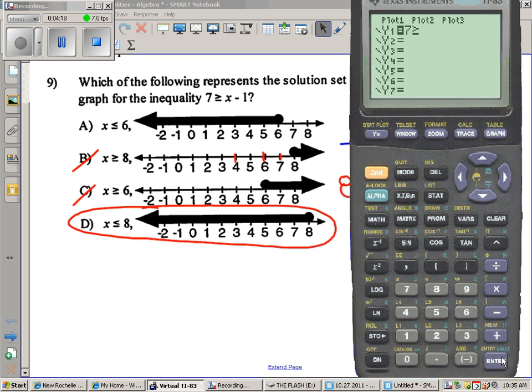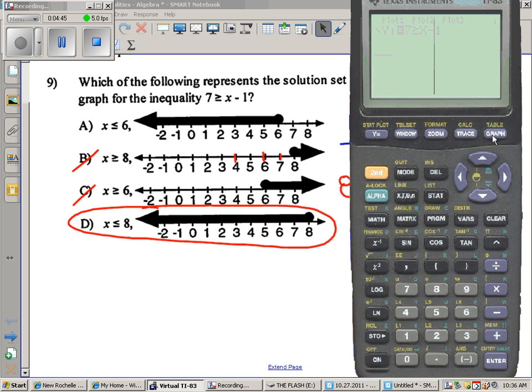Now we need to find the x. The x in your calculator is located right here, below the mode button. Hit x, and then do minus 1. We are looking at graphs.